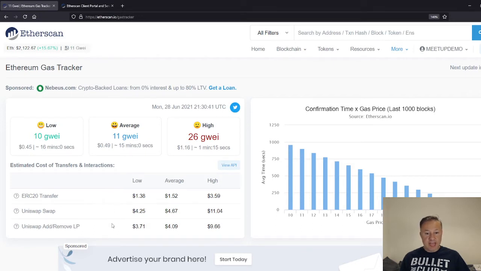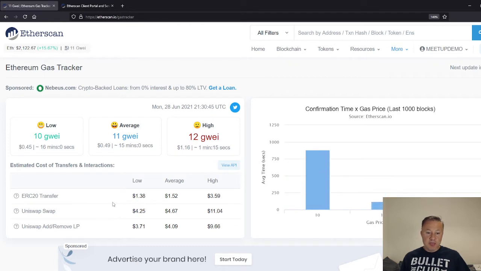So if you look down here, you've got the difference between doing something on Uniswap, transferring stuff between wallets, adding, removing liquidity, and so on. And I remember a Uniswap swap that I was looking at doing a couple of months ago, and it actually cost me about $45 by comparison. So you can see the price has come down quite a lot.